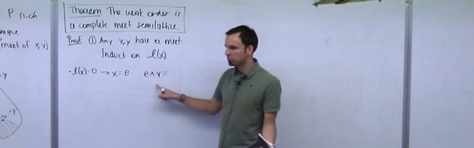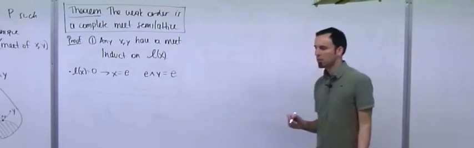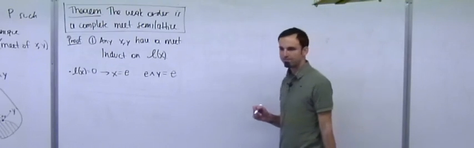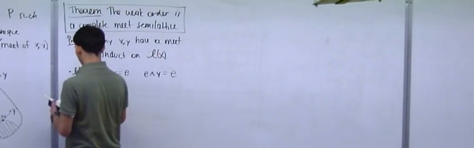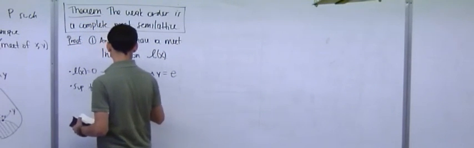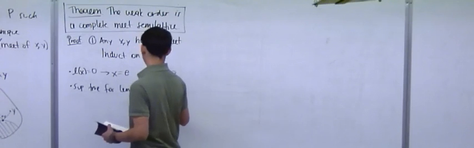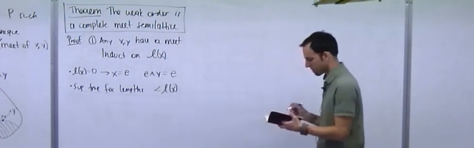The only one is e. And so that's the unique greatest lower bound. So that means that there's nothing to say there. So that's good. Now suppose true for length less than length of x, and let's prove it for x.